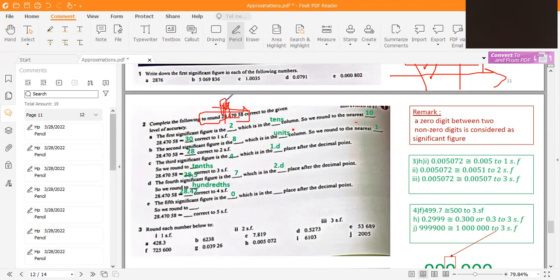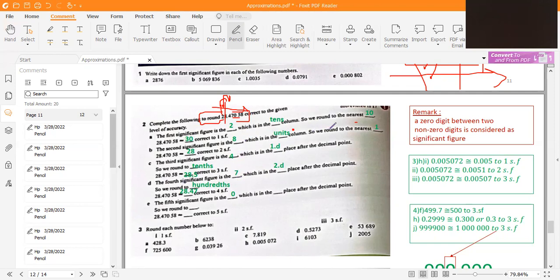So we compare the digit on the right, which is in the first decimal place, which is 4. 4 is smaller than 5. So we add nothing to 8, so to 28, and we replace all the digits on the right with zeros. So we obtain 28, correct to two significant figures.